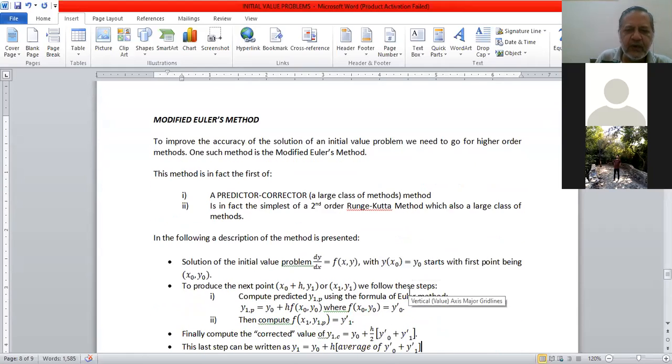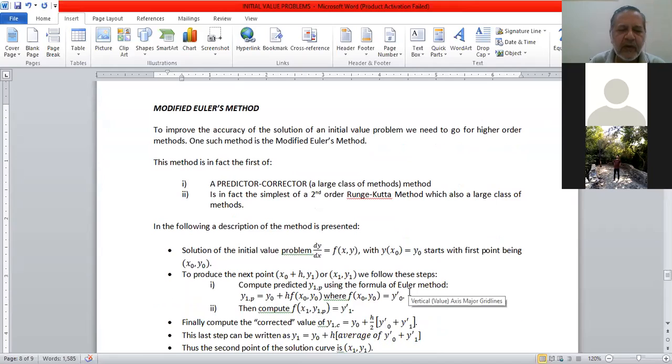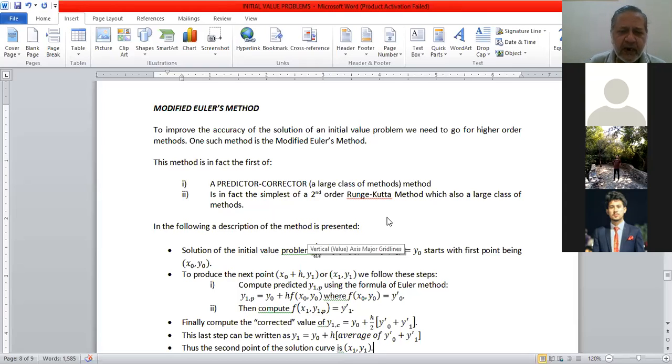This approach is known as the name of a larger class of method, a predictor corrector method, in which first we make an estimate of the new value of y, and then using some method we improve upon that value of y. This large class of predictor corrector methods, इसमें सबसे ज़्यादा पॉपुलर amongst common researchers जो data analytics करते हैं.